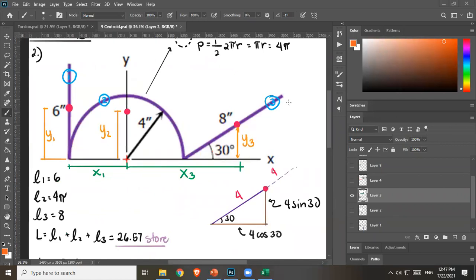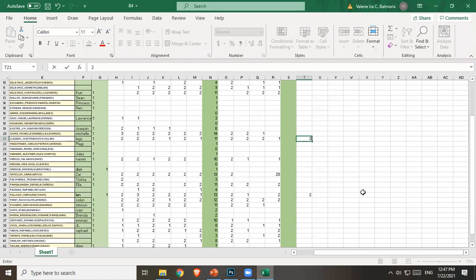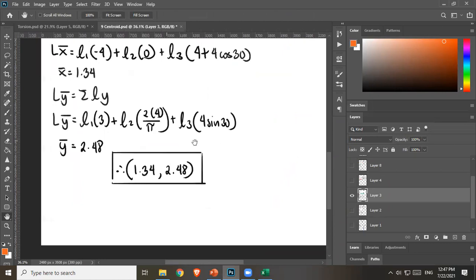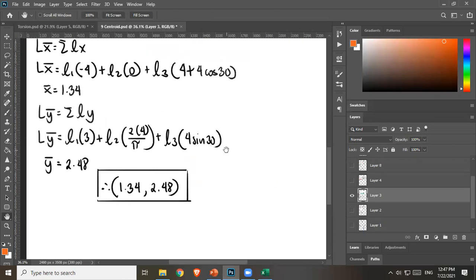Correct. It's 2. This is all we need, which is the height of your right triangle, right? So it's 4 sine 30, which is 2.